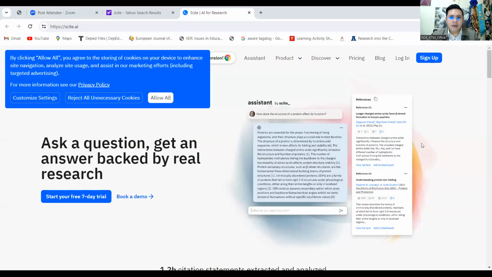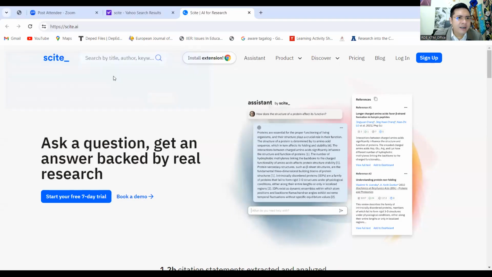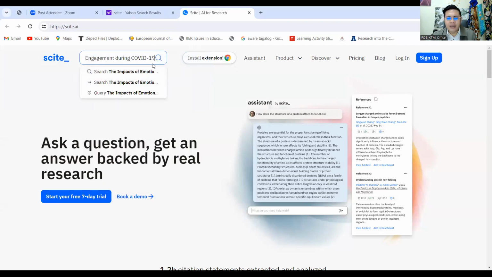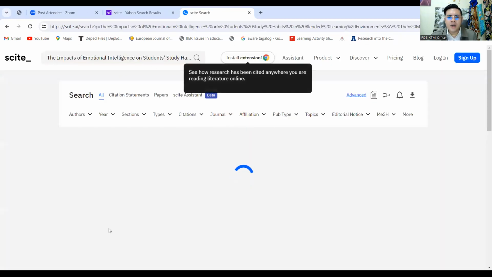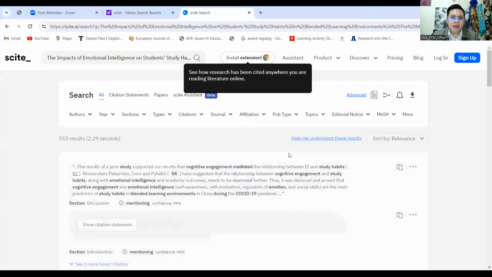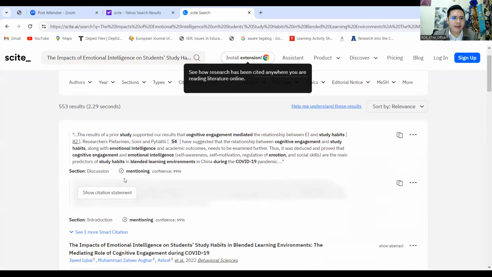So I went to Scite. Here is Scite, and let's put the title and let's see. So this is the paper I am referring to, the cognitive engagement during COVID-19.